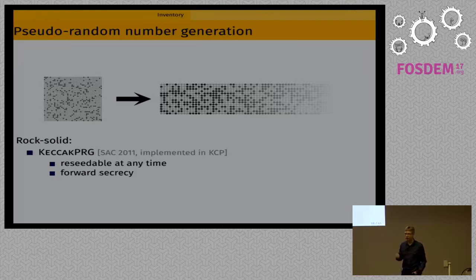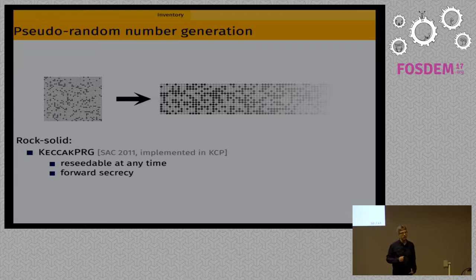So in the Keccak code package, we also implemented Keccak PRG, which is based on our SAC 2011 proposal, and it has some extra features. If you have more seeds that come in, you can at any time add them so that they get mixed into the state, and then your output will depend on them. And the second feature is forward secrecy.